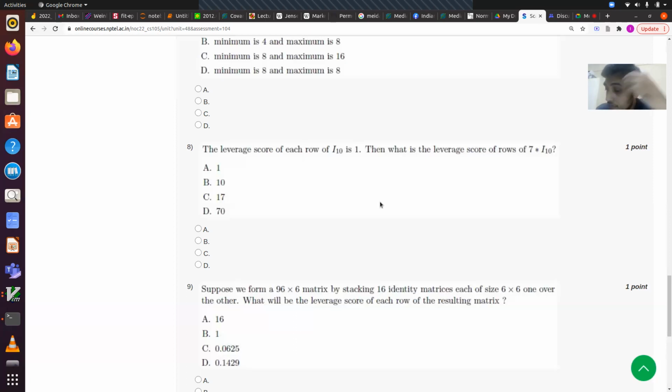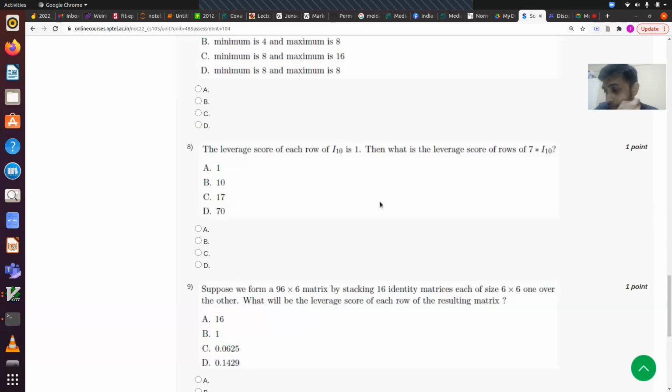If you take the vector of all norms and then normalize it, you will get the leverage score.